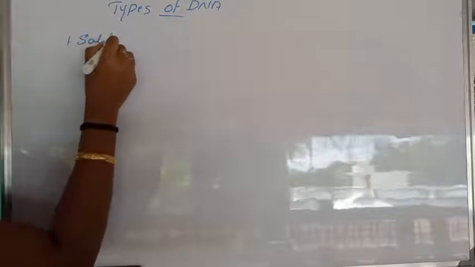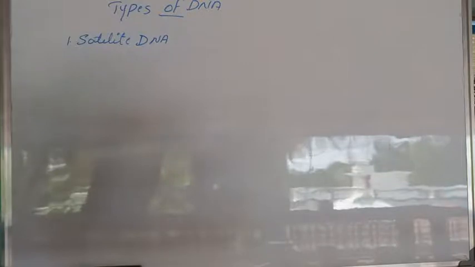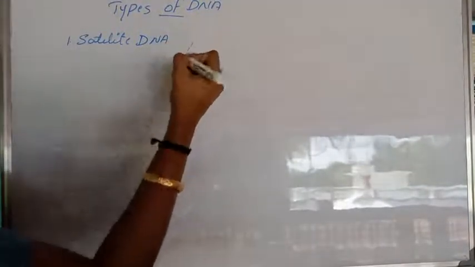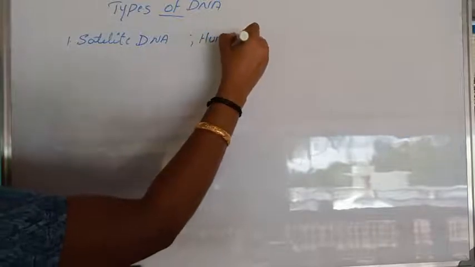When the repetitive sequences of a genome are arranged end to end in a long tandem array, so the repeated sequences are coming in a long array, it is called satellite DNA. Satellite DNA was the first type of DNA to be identified in the human genome.